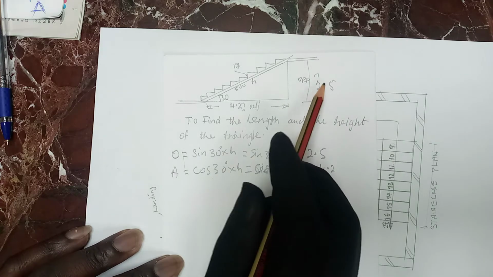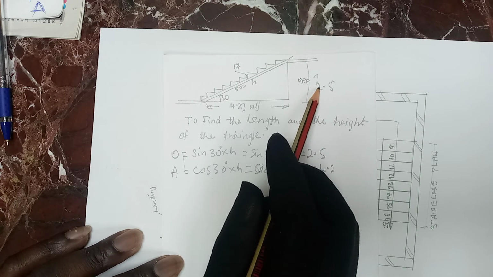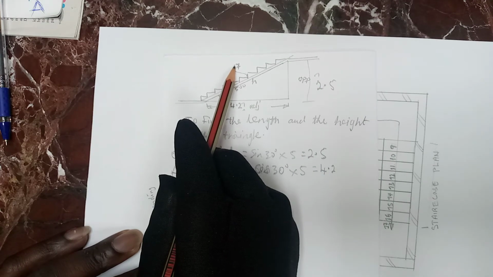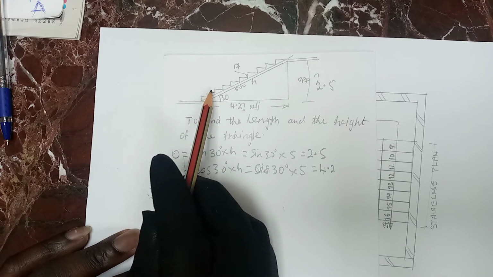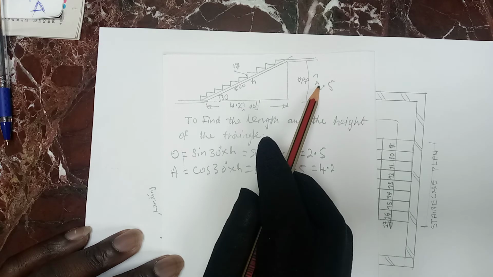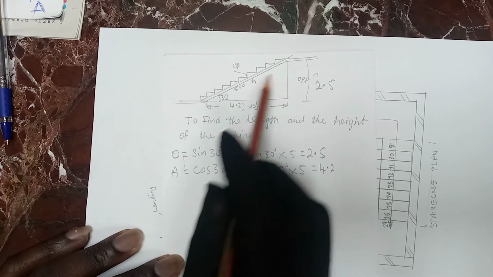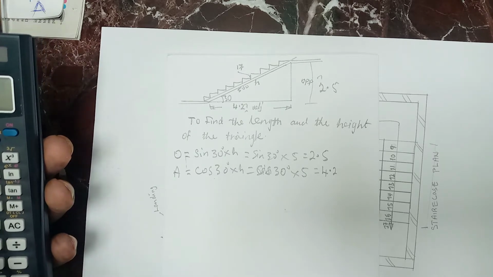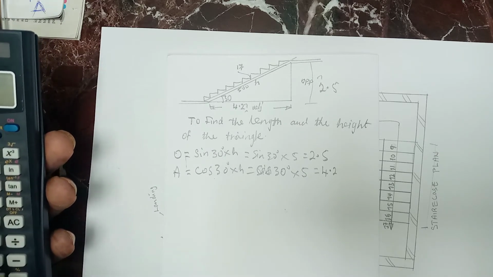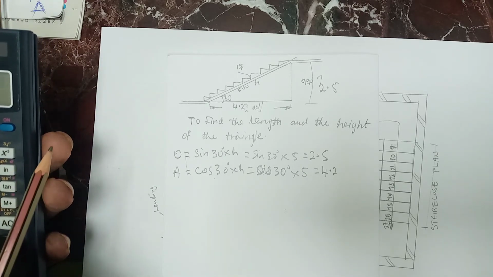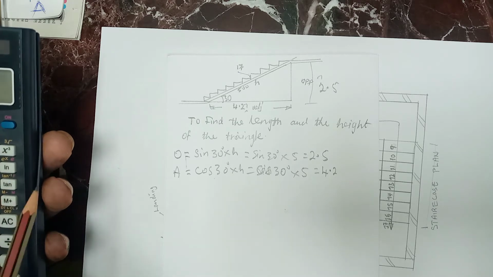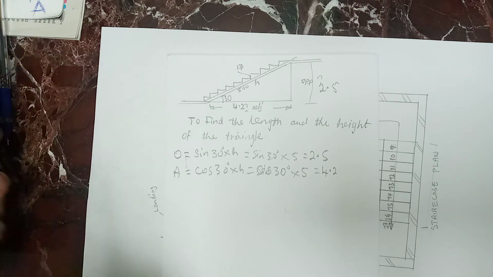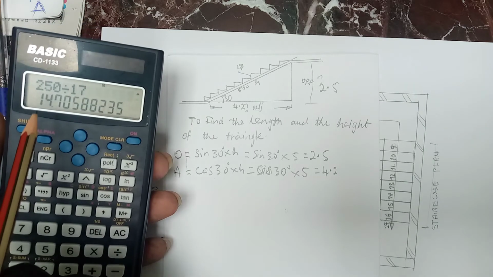And now from this, they have already given the height of one riser. So if you divide this by this, you'll know how many risers there will be. For example, 250 divided by 17 equals 14.7.